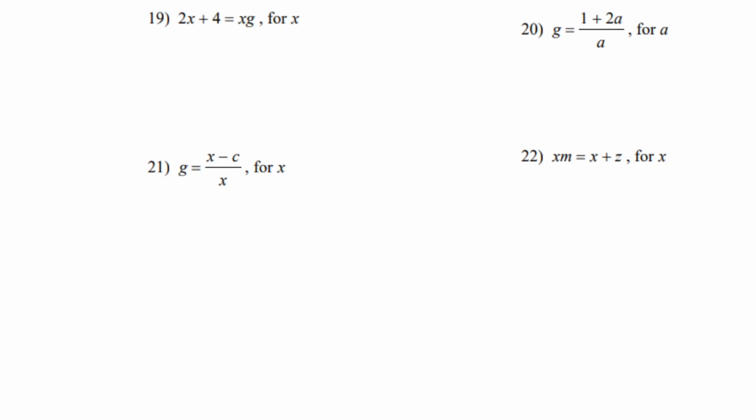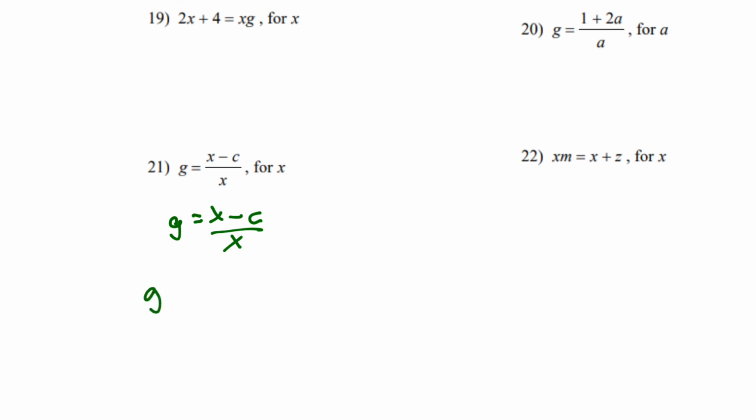Let's try 21, though. So 21 is asking you to get x by itself, okay? The thing is, we have an x in the numerator and an x in the denominator, so this might be a little bit tricky. Let's see what we can do. All right, so first things first is, if we have g equals x minus c over x, you can actually go ahead, if you want, and try to break this up so that we are separating this fraction.